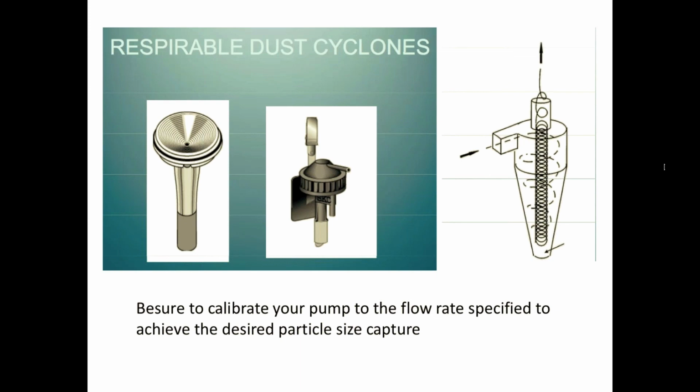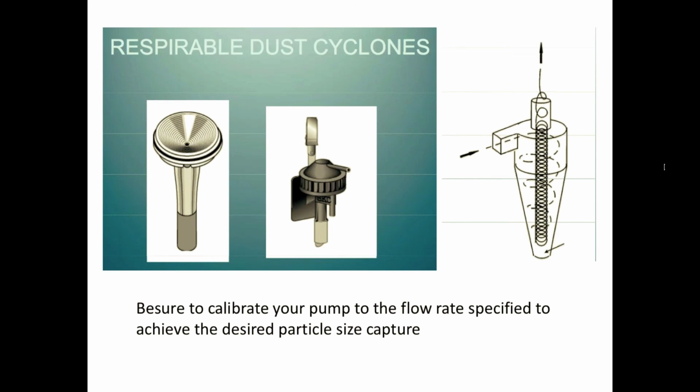But to tell you the truth, I think the cassettes are probably pretty standard for most analysis. These are expensive, so you don't see as many people using them. But if you do a lot of sampling, they're worthwhile. They have an advantage in that they're more efficient at removing the larger particles, because that oily surface really captures the particle.